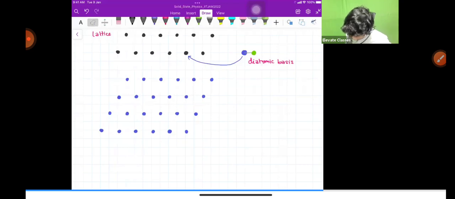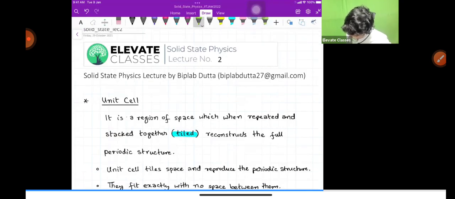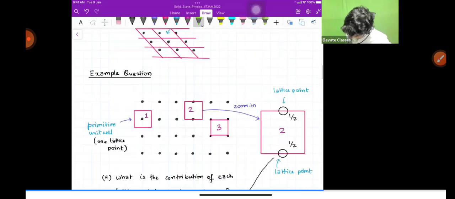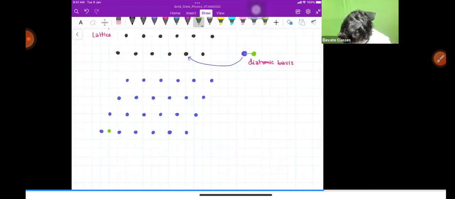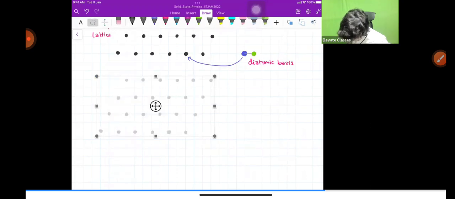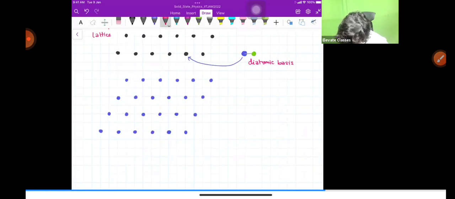Now, along with it, the green atom will also be there. So where will the green be placed? Green will be placed halfway. You can see the distance between them. Let's say this distance was 2a, and this is a, half.